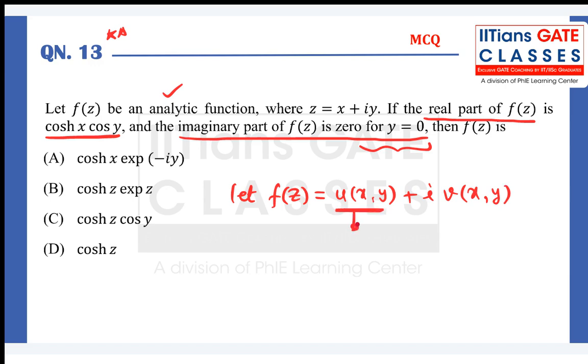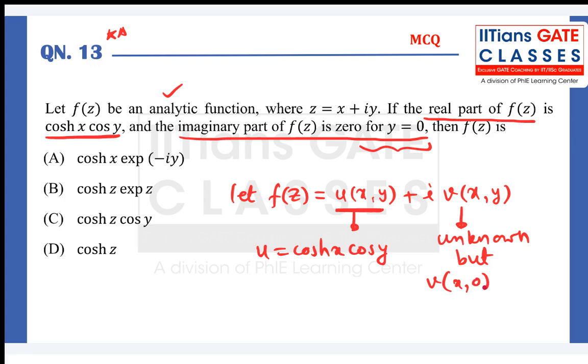So your u is directly given as cos hyperbolic x into cos y, and this part is unknown. What is the v function, that is unknown, but we know that if you put y equal to 0, the v value should be 0. So that is the known part.